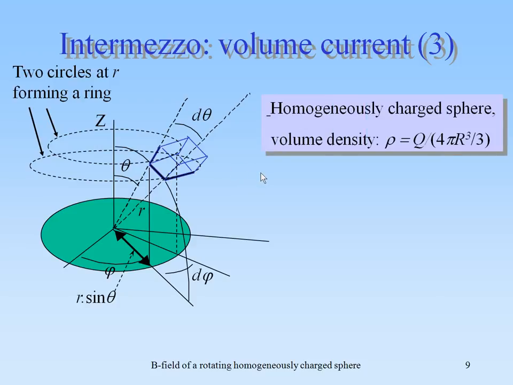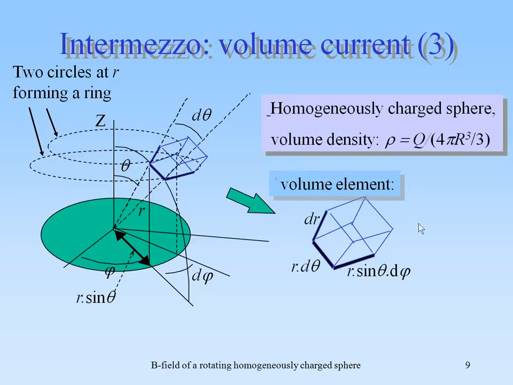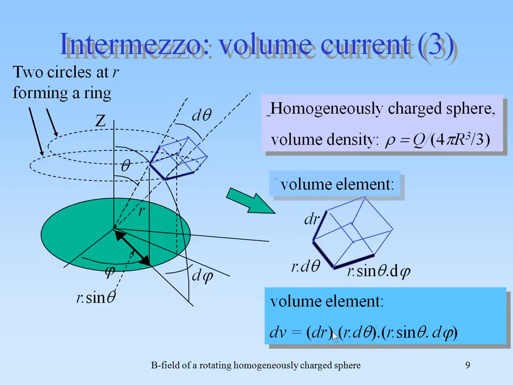We have a homogeneously charged sphere with a volume density given here, Q divided by the volume, and a volume element given by r d theta, r sin theta d phi, and dr. That's the volume element: dr times r d theta times r sin theta d phi.